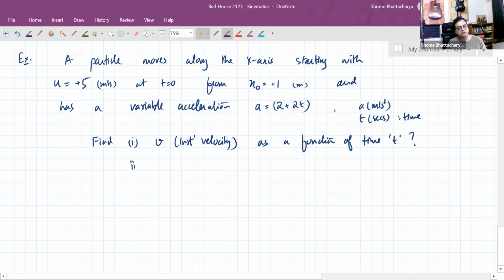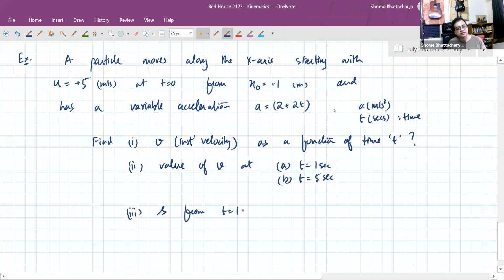And from that, the value of instantaneous velocity at t equal to 1 second, t equal to 5 seconds. And then we want to find the displacement s from t equal to 1 second to t equal to 5 seconds. This particular interval of time, what is the displacement? We want to calculate this.